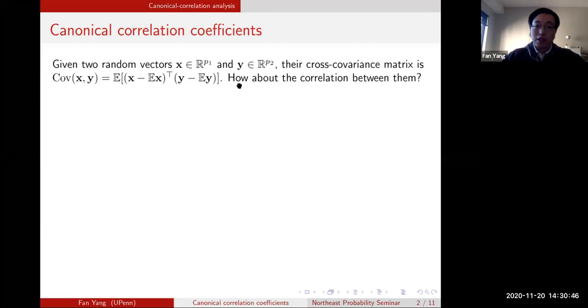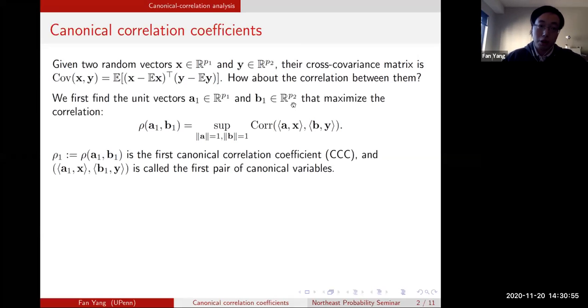Given a matrix, there are infinitely many ways to scale it. So what is the standard way? The standard way in statistics is as follows.